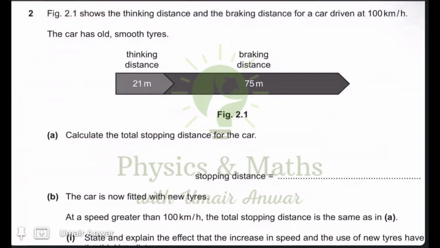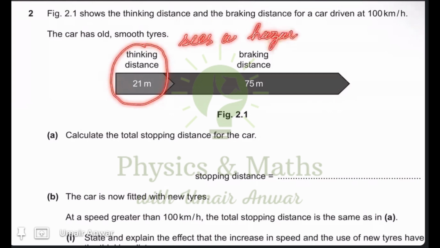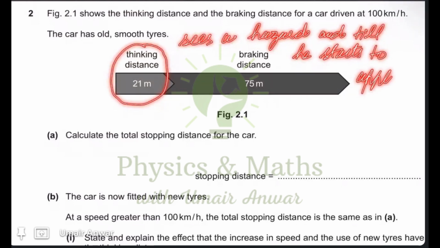Question number 2, figure 2.1 shows the thinking distance and the braking distance for a car driven at 100 kilometers per hour. Okay, the car has old smooth tires. Now, thinking distance is the distance covered when the driver sees a hazard or something because of which he has to apply brakes, and till he starts to apply the brakes.